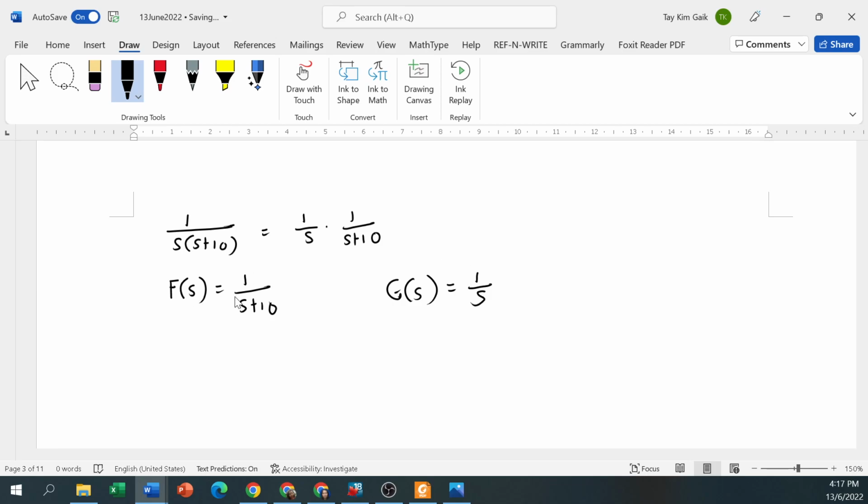So F(s) is 1 over s plus 10. F(t) is the inverse Laplace of 1 over s plus 10, which gives e^(negative 10t). Taking the inverse Laplace of 1 over s, you get g(t), which is 1. Then f(u), changing t to u, is e^(negative 10u). And g(t minus u), we don't have a t constant, so it is still 1.